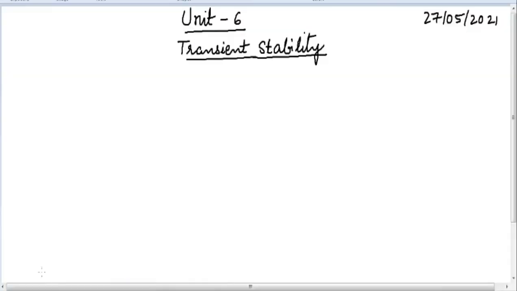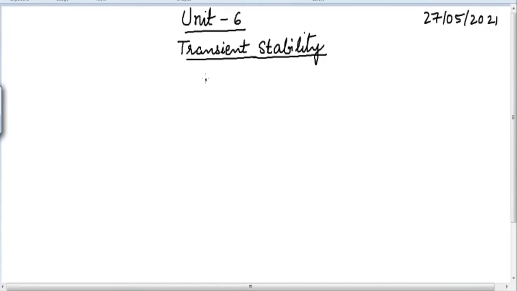So to begin with, let us draw the chart of the power system stability, because we should know what exactly power system stability is, and what we exactly mean by a stable system. With this knowledge we can classify the power system stability into various parts.